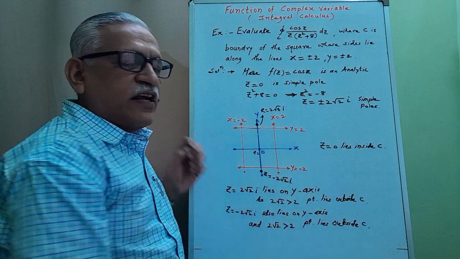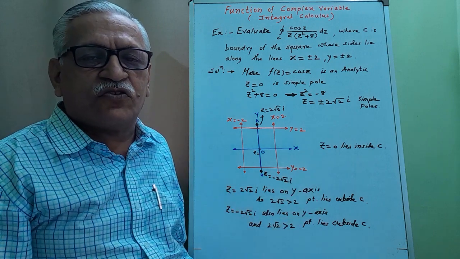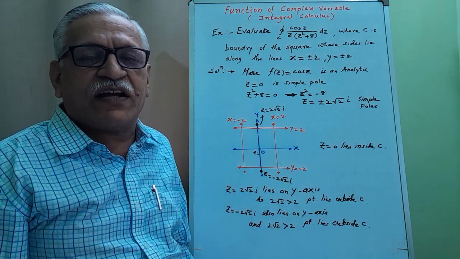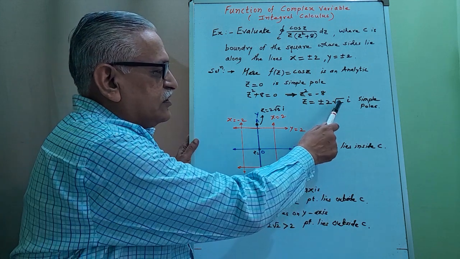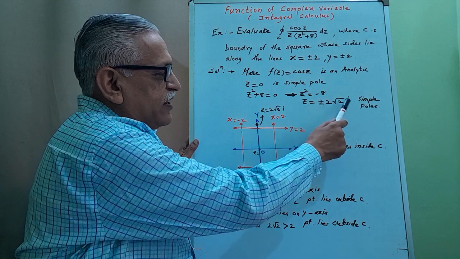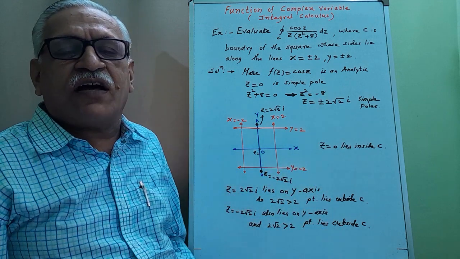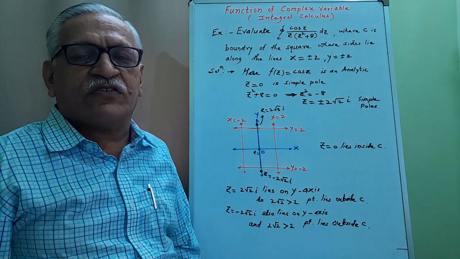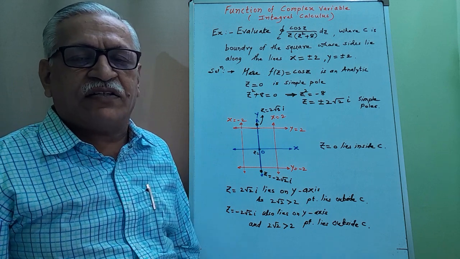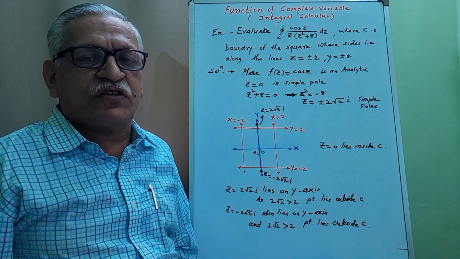Taking the square root on both sides, z equals root of minus 8. 8 we can write as 4 times 2. The square root of 4 is 2, root 2, and root of minus 1 is i. Therefore, z equals plus 2 root 2 i and z equals minus 2 root 2 i. These are two simple poles.